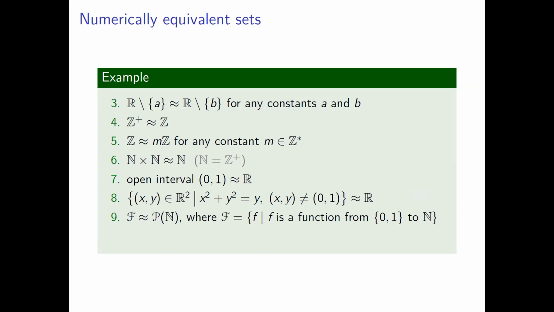The set of all functions from the set with elements 0, 1 to the set of natural numbers is numerically equivalent to the power set of natural numbers. To prove the above, use the bijections given in the exercises at the end of Lecture 4.4, Part 3.